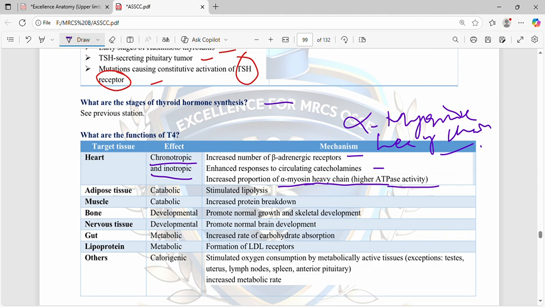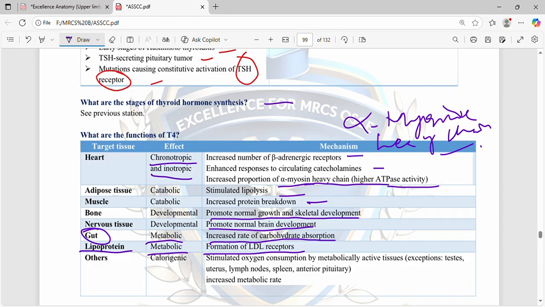Adipose tissues catabolic, so they stimulate lipolysis, they increase protein breakdown. Bone, they promote normal growth and skeletal development, and nervous tissue development, promote normal brain development. Gut metabolic, increase the rate of carbohydrate absorption, and lipoprotein metabolic, formation of LDL receptors, low density lipoproteins.